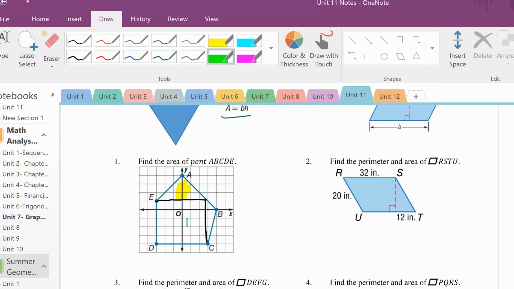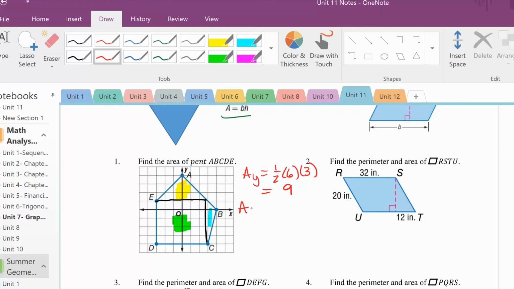The second figure is in green, and the third figure, the third triangle, is light blue. So the area of the yellow, if you count, the base is 1, 2, 3, 4, 5, 6. And the height, 1, 2, 3. So it's 1/2 of 6 times 3, so it's 9 units.